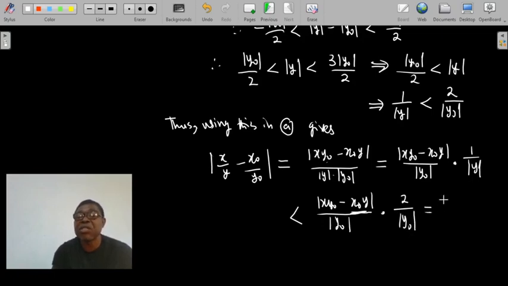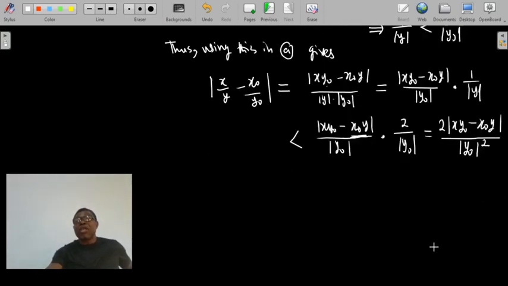And this will give us 2 absolute value of x y naught minus x naught y, then all of this over absolute value of y naught all squared. Here we observe that the absolute value of y in the denominator has been controlled by this constant.